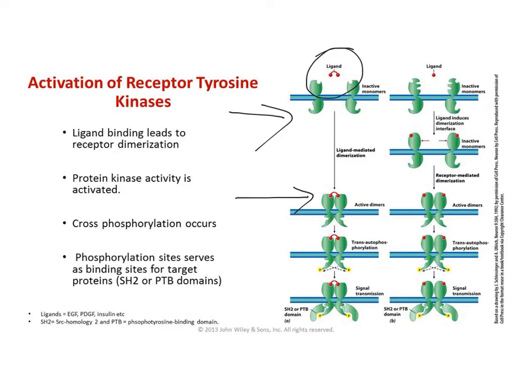This leads ultimately to what's called trans autophosphorylation. They'll cross-phosphorylate each other due to activation of their catalytic domains. Once these phosphorylation sites have been added, that will lead to docking of specific proteins, and those proteins will thus become activated and potentially activate other downstream targets.